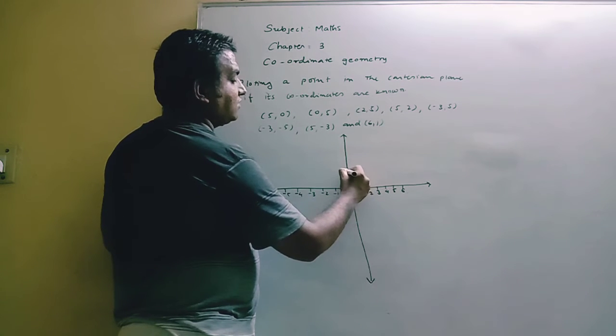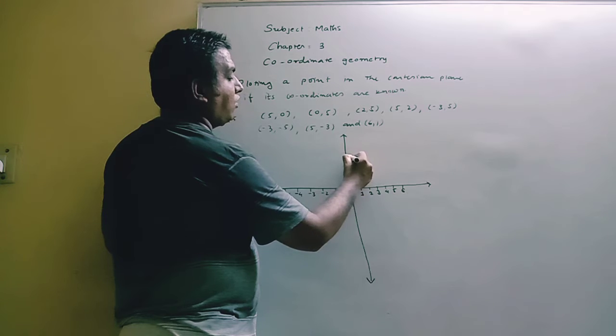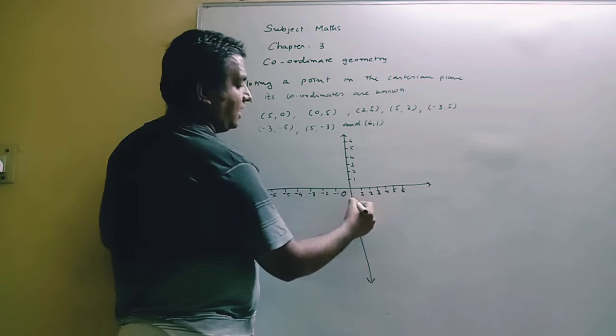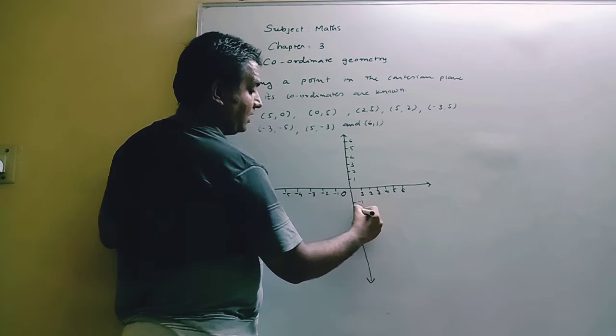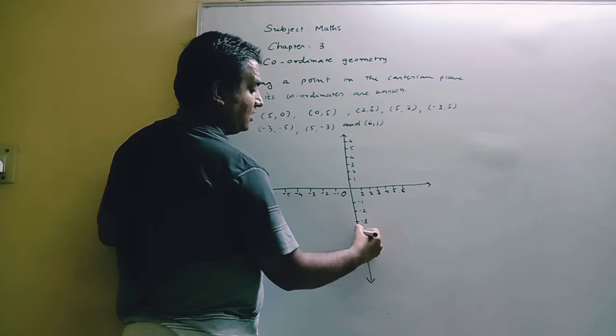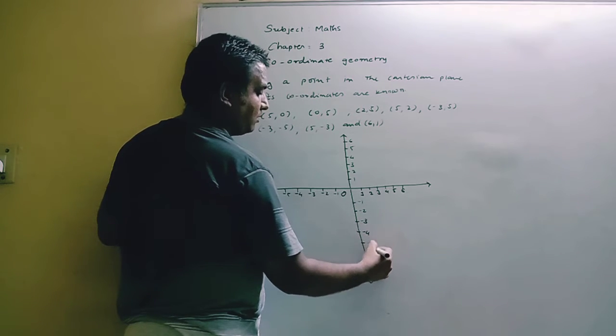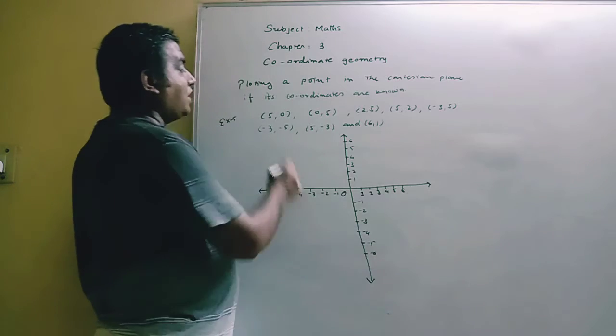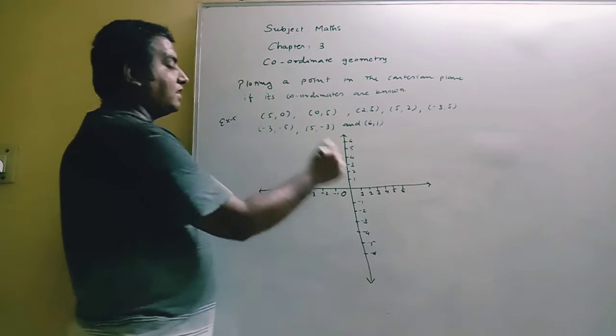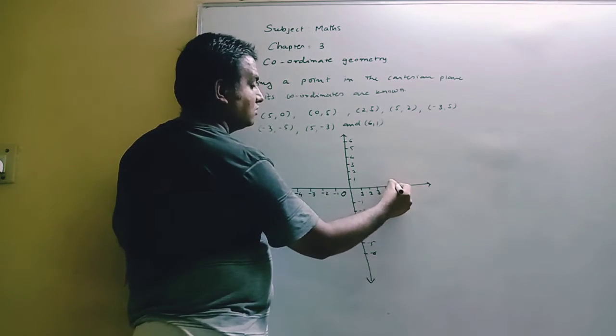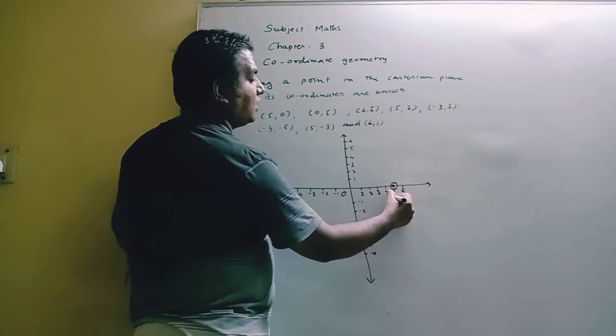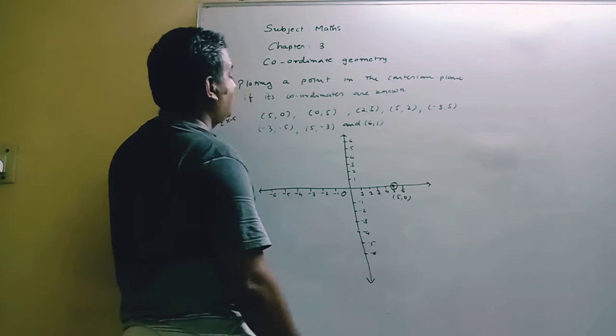On the positive axis 1, 2, 3, 4, 5, 6. And here also minus 1, minus 2, minus 3, minus 4, minus 5, minus 6. Then first is x is 5, y is 0. So this point represents 5, 0.